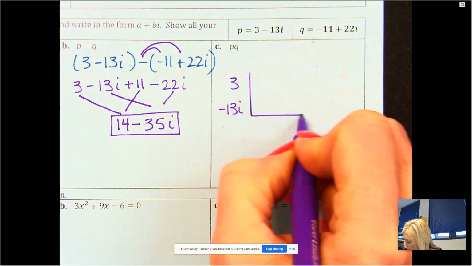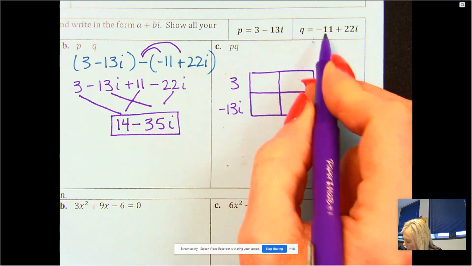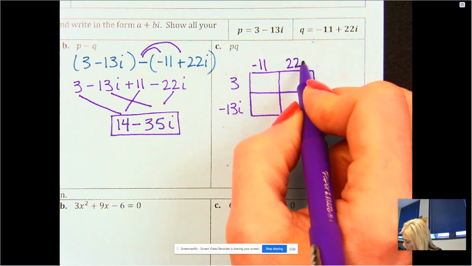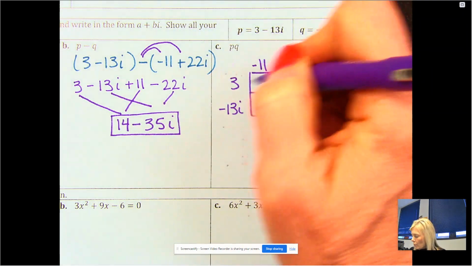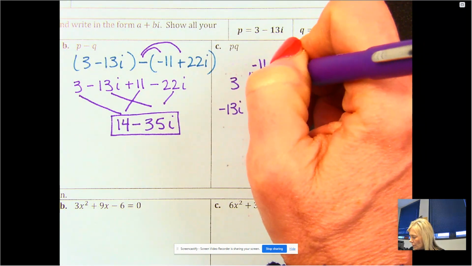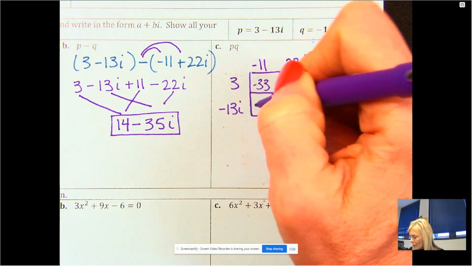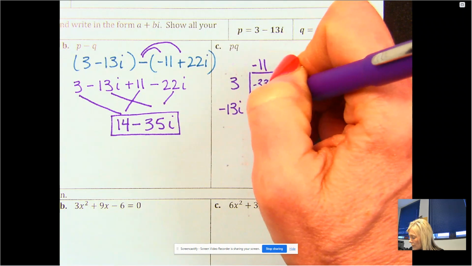And then we're multiplying by negative 11 plus 22i. So I'm just going to have the 22i be positive. And then we're multiplying negative 11 times 3, negative 33. Negative 11 times negative 13i is 143i, and it's positive.